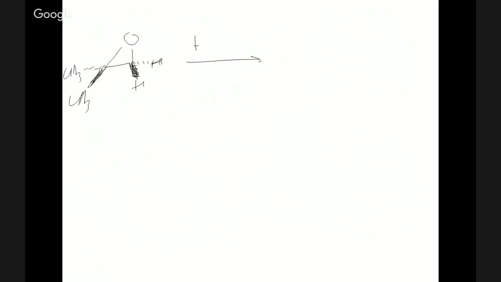Okay, we showed HCl before. Now, under acidic conditions, you're actually going to get reaction over here with this carbon. We'll go over this mechanism. This is a very, very interesting mechanism. You only get this product.